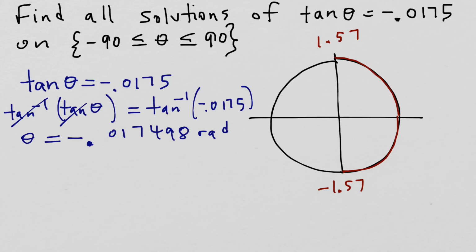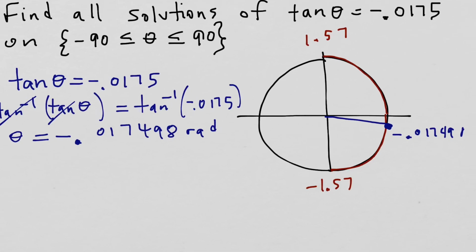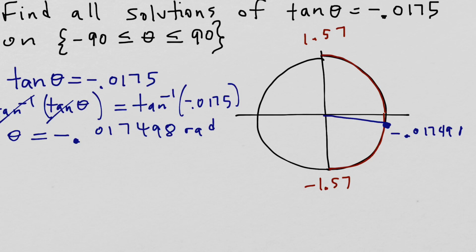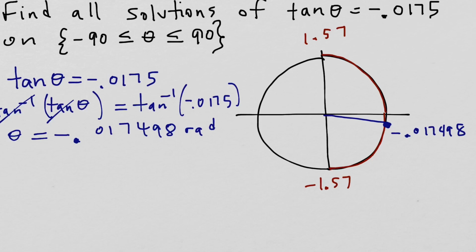All right, so that's a small negative angle right there. So that means I'm over here somewhere at theta is equal to negative 0.017498 radians. All right, so that's a very small number right there. So that means my tangent has got to be a negative number there.